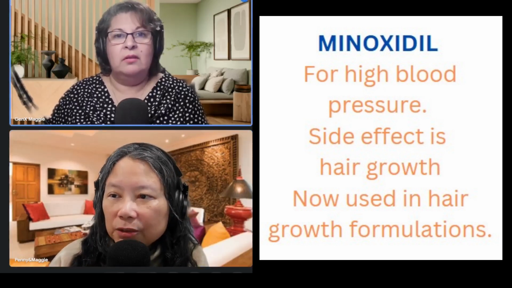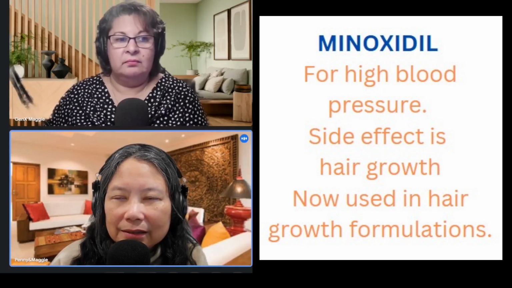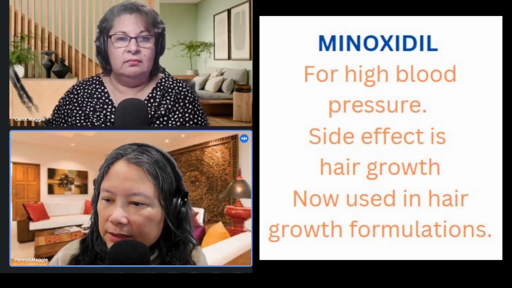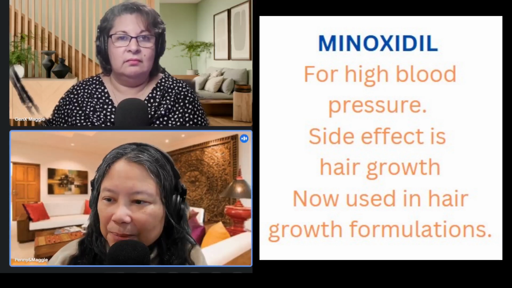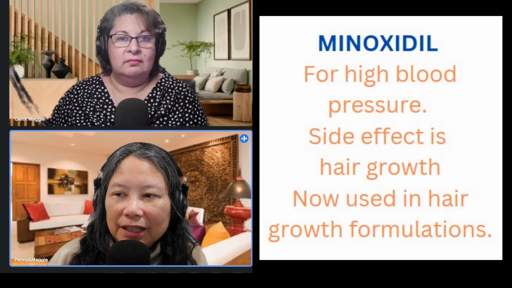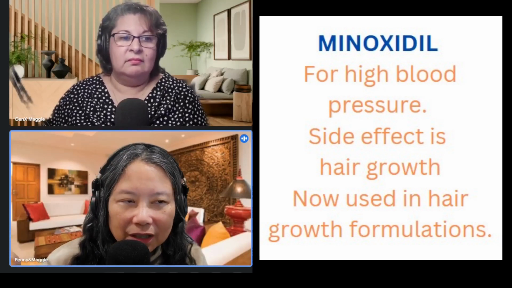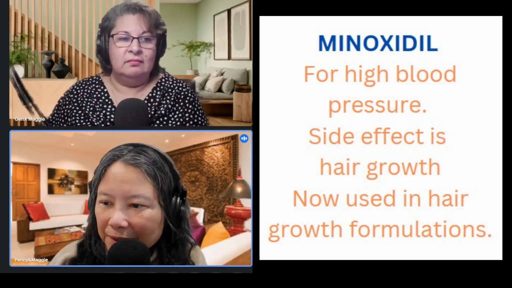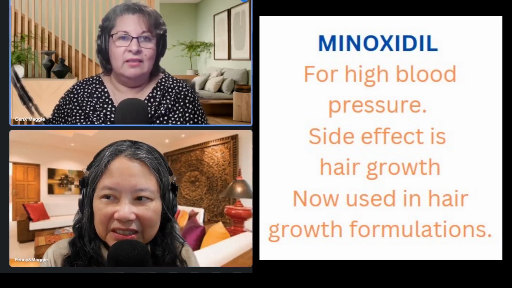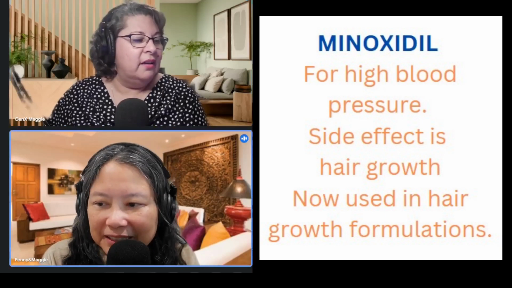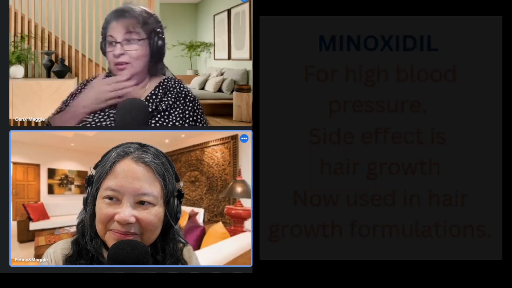Until the patent ran out, which happened, I think, in the mid 90s. And then anybody could make minoxidil. They made preparations like liquids, like a roll on. And now there's a foam and things like that. So all kinds of ways to grow hair. So that was a happy accident, I guess, for a lot of people.